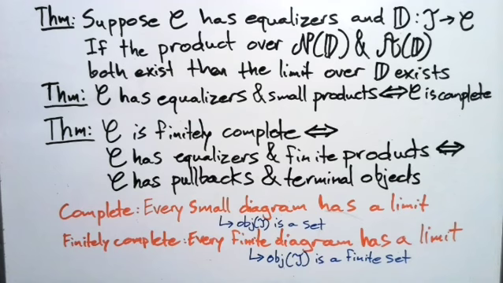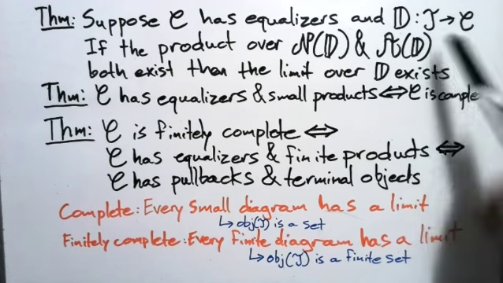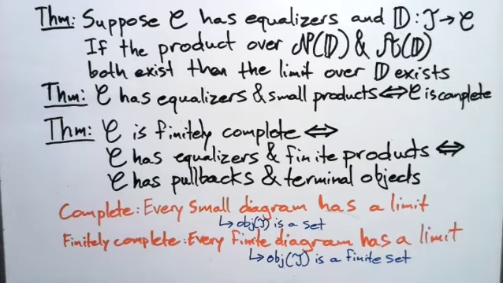So the set of objects in the index category J is not only a set, but it's a finite set. And it turns out that these complete categories, ones where every small diagram has a limit, are actually more interesting than categories where every diagram has a limit, including ones where this forms a proper class, not a set.